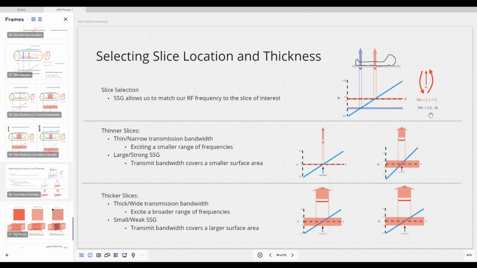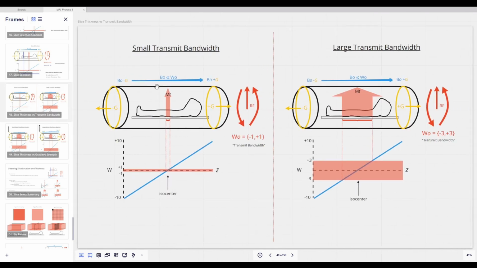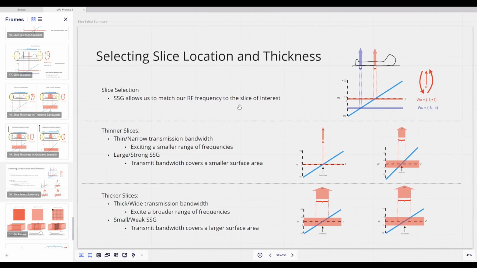And depending on where we set our RF frequency, we can choose what slice we want. So all of this is the slice selection gradient. Okay. We call it a slice selection gradient because it allows us to select our slices. So we talked about slice selection gradient and how we pick our slice by selecting our RF frequency.